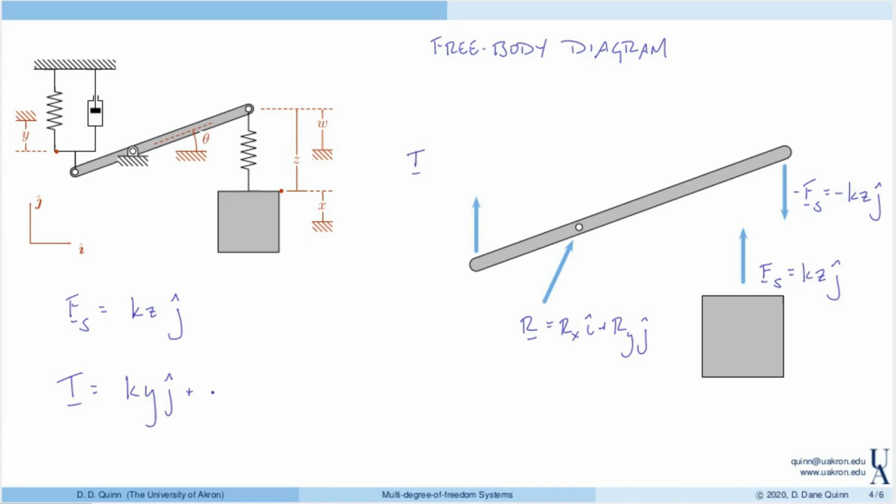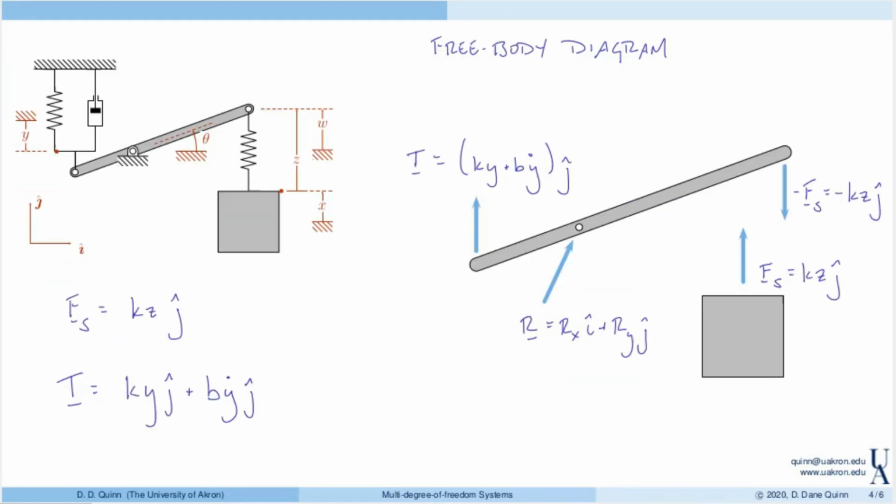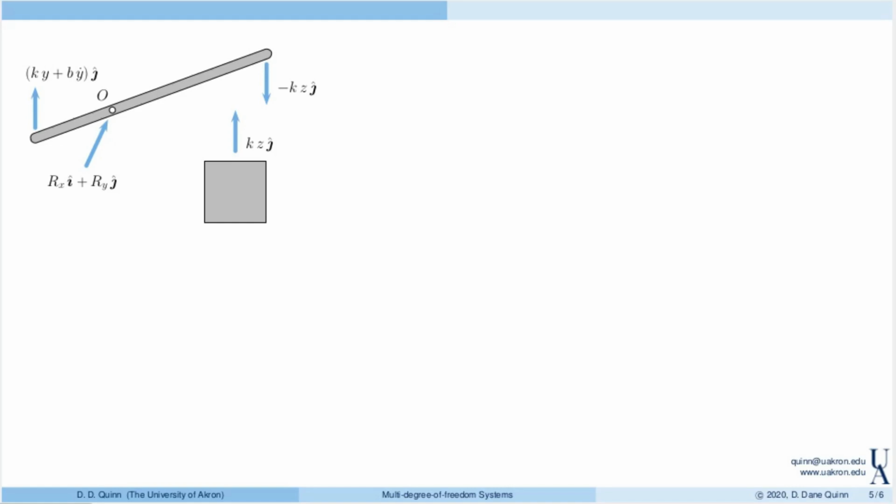Again, they're in parallel, and that's b times y dot in the j direction. So T here can be written as ky plus b y dot in the j direction. So now we have a complete description of the forces that act on this system. On the previous slide I have the kinematics, and now I'm ready to apply the equations of motion.